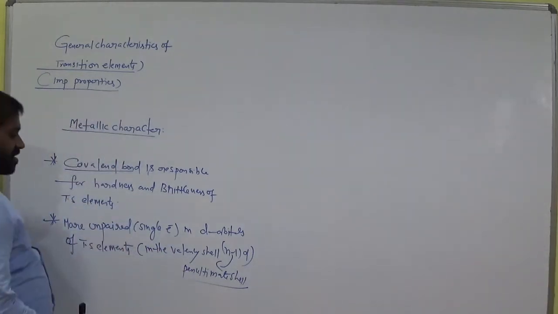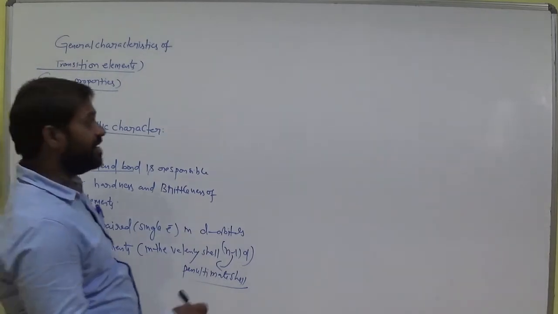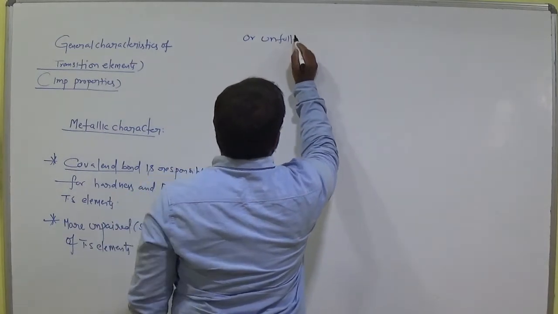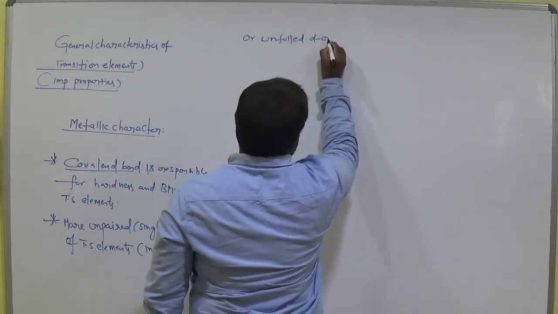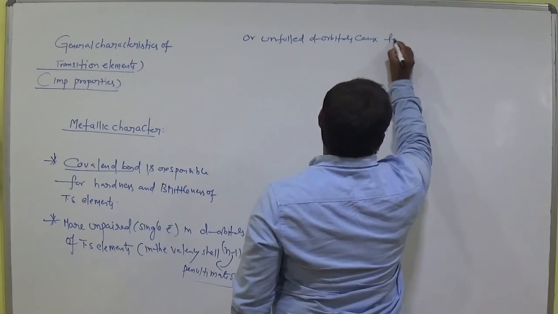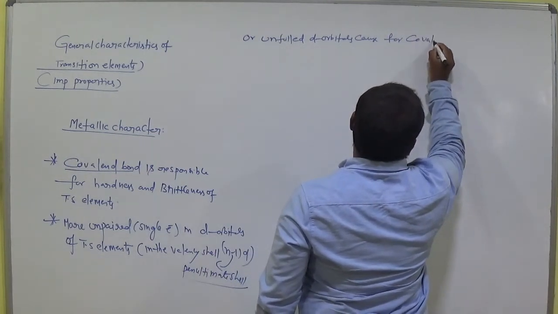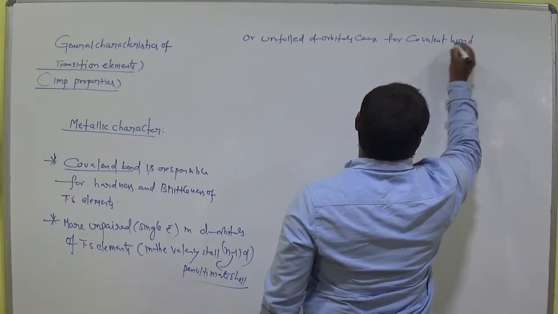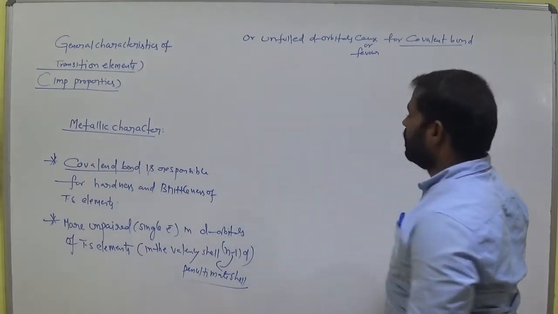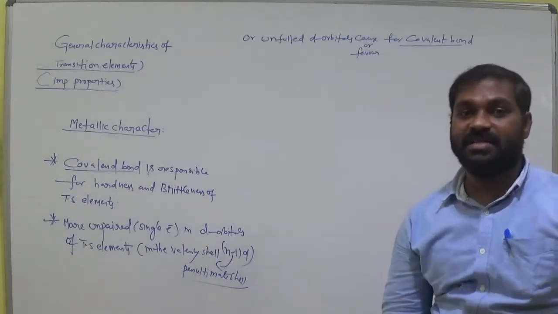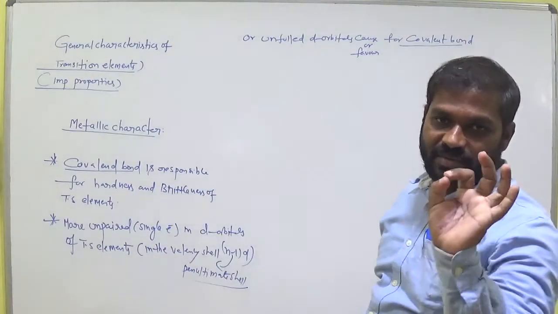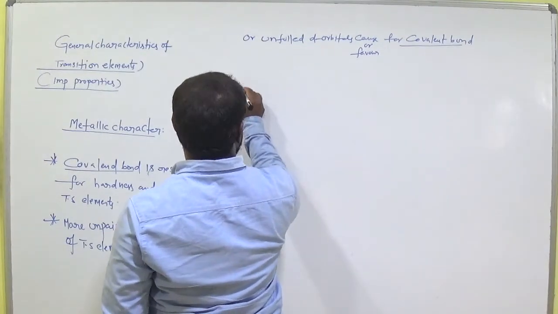So more unpaired electrons in the d orbitals of transition elements, unfilled d orbitals, are the cause for, or favor, covalent bond formation. If there are unpaired electrons, that means single electrons in the d orbitals, then they can easily form covalent bonds. Remember this point.